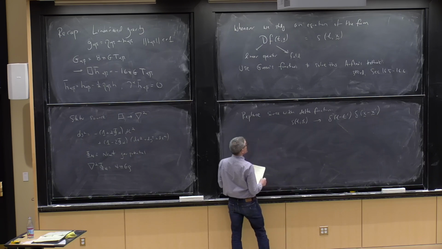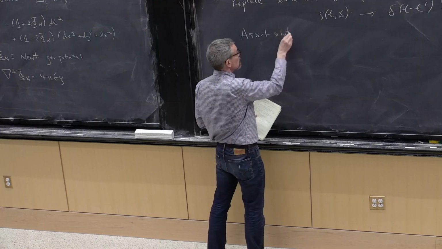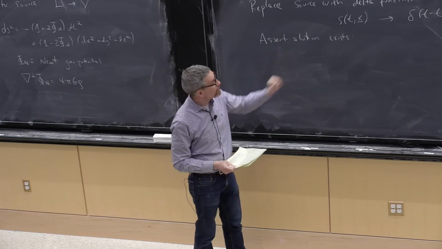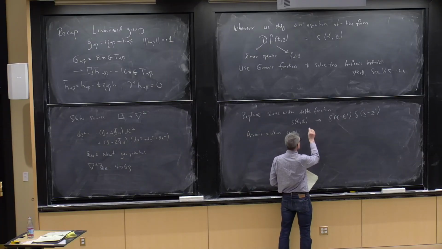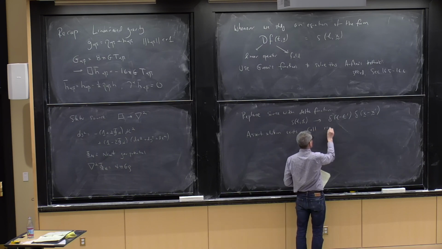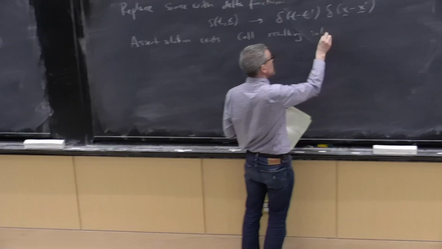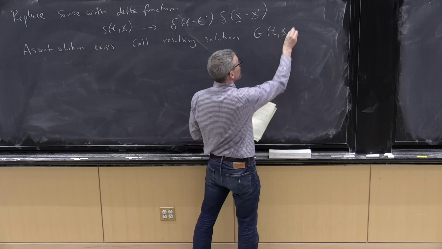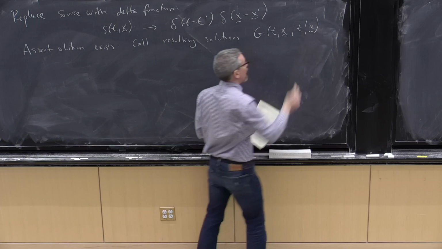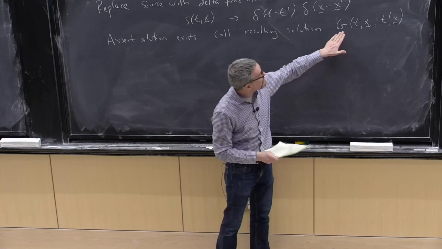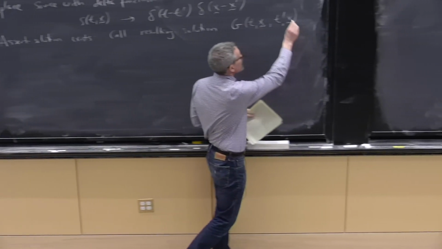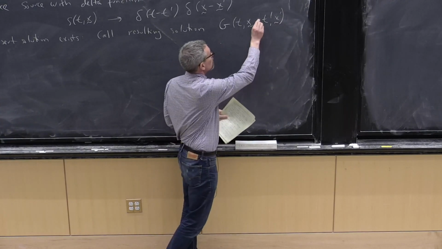We're going to assert that a solution exists. And we will call the field that arises when my source is replaced with a delta function capital G. This notation means that this is the amount of field at t, x arising from my source at t prime, x prime.